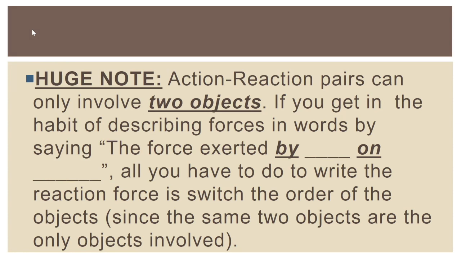So if you say the force of A on B, then the reaction is B on A. Earth on potato, potato on earth. That's the idea. Action-reaction pairs can only involve the same two objects.